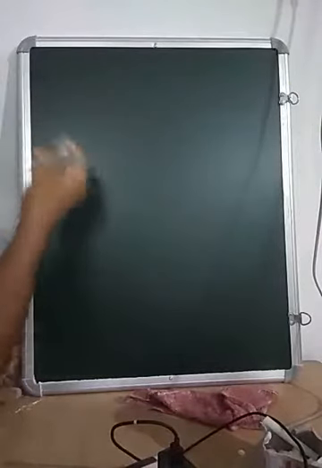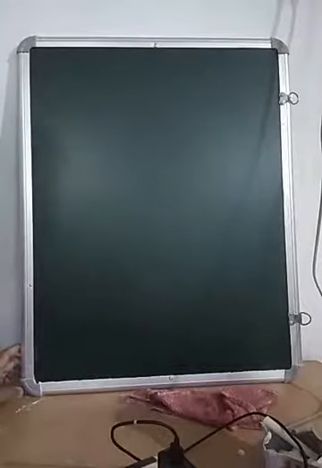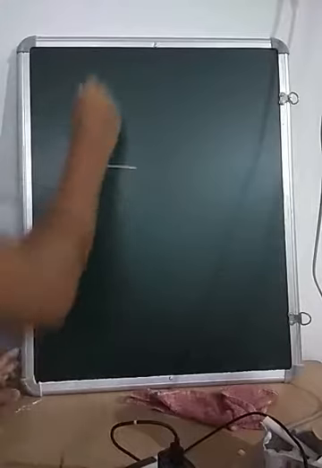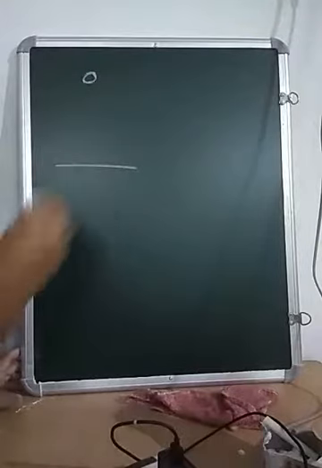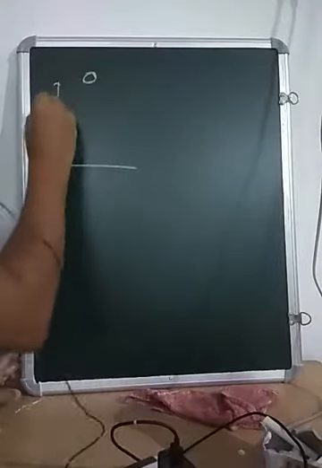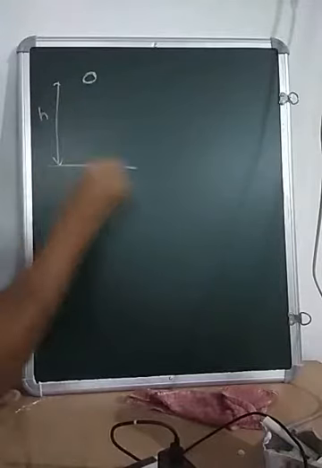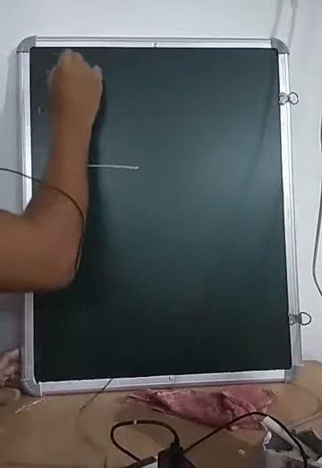I will discuss this in this class after some time. The next thing I will discuss: suppose this is a surface, and there is an object of mass m at a height h.